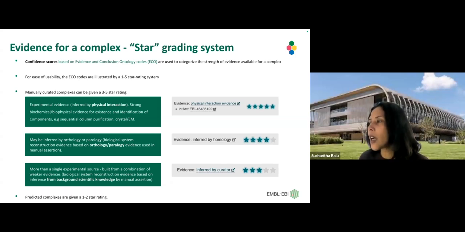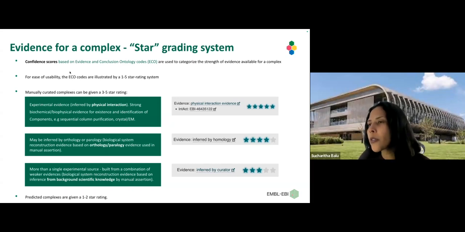But basically, they help categorize the strength of evidence we have for a complex. And just to make these codes easier to translate, we use a 1 to 5 star rating system. Some of you older users would remember a system where we had these flask icons. I hope you find this a little bit easier to use.